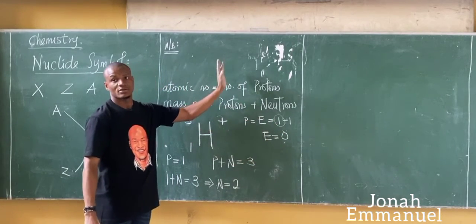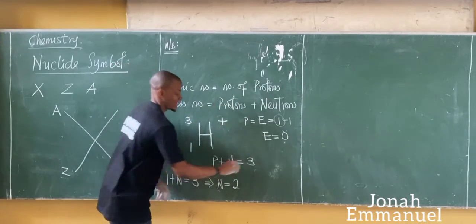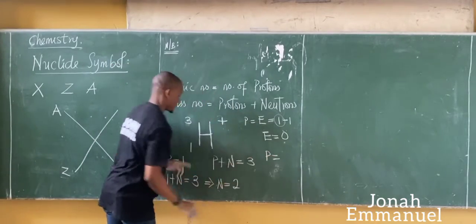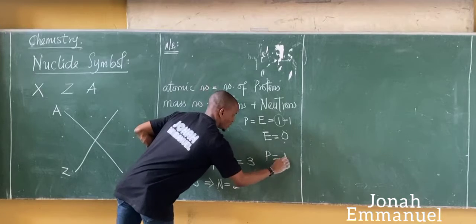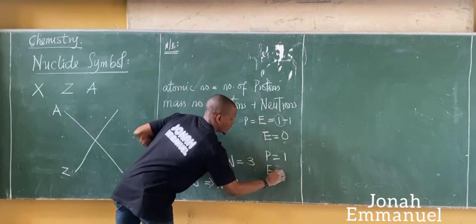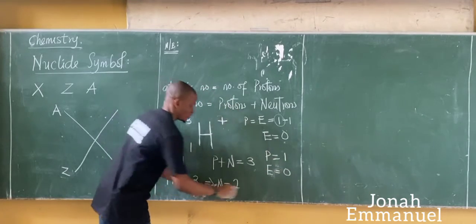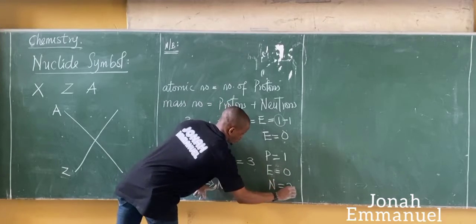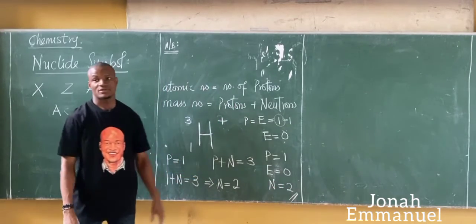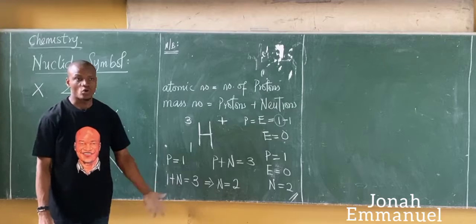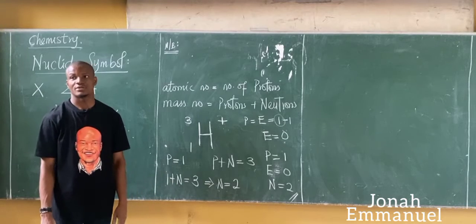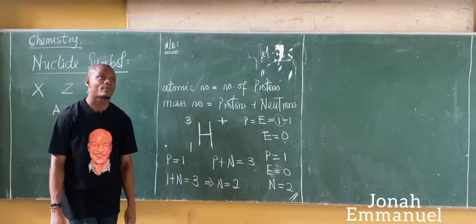So in total, how many protons here? 1. How many electrons here? 0. How many neutrons here? 2. That's the answer. 1 proton, no electron, 2 neutrons. That's the concept.